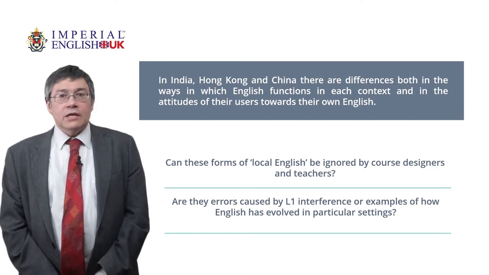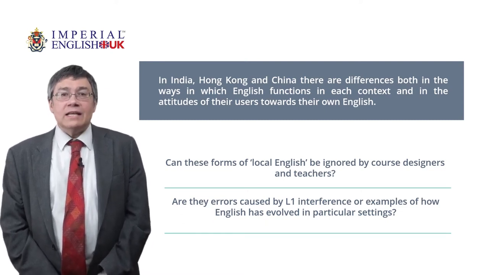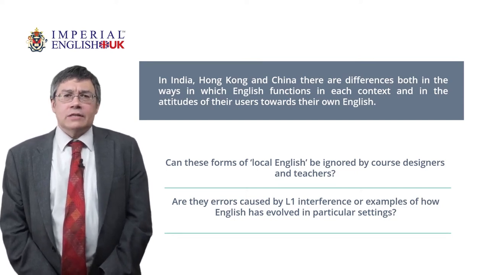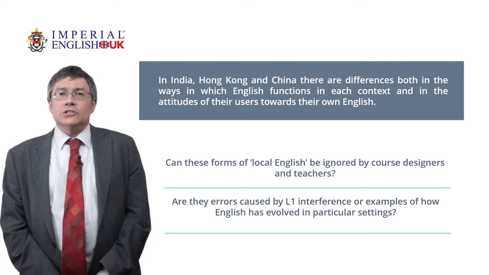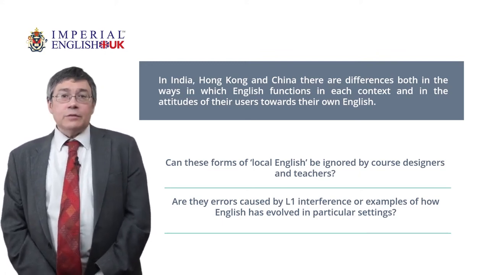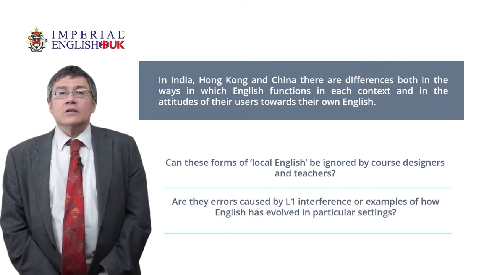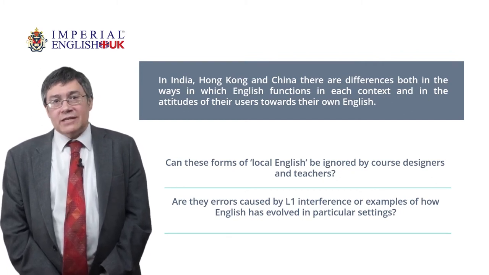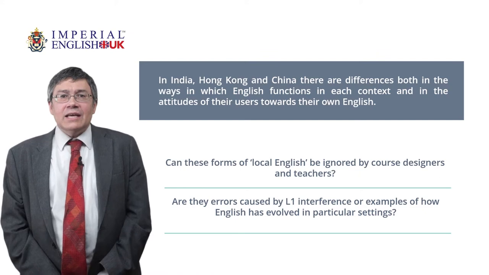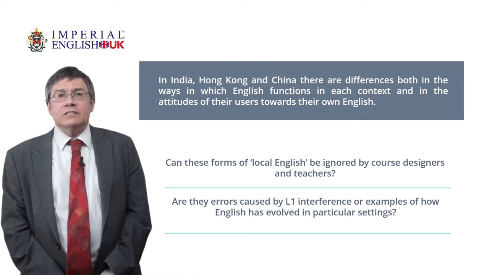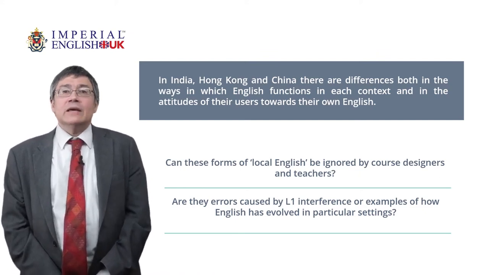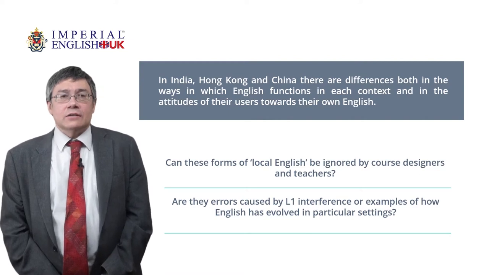Indian English is an established and widely accepted variety, while the status of Hong Kong English is still unclear. English in China is still developing, but because Chinese are not likely to communicate with each other in English, there is not expected to be regarded as a variety in the same way as it is in India or Singapore.